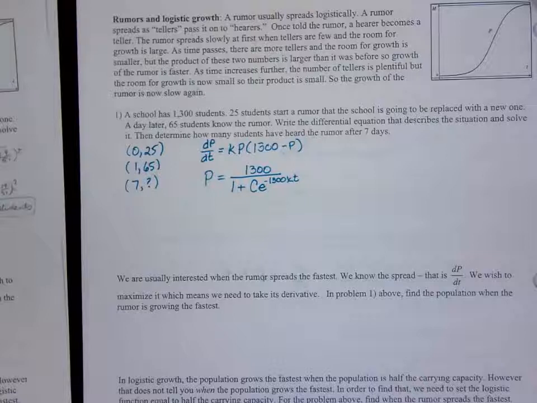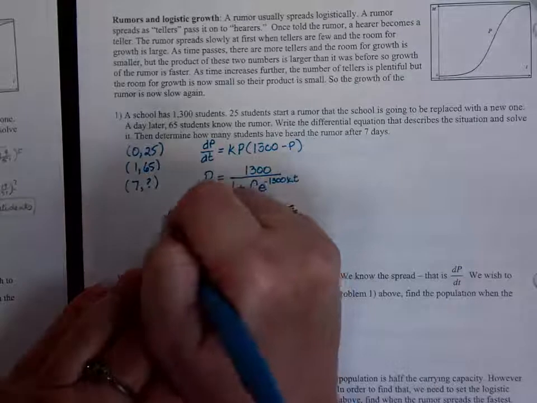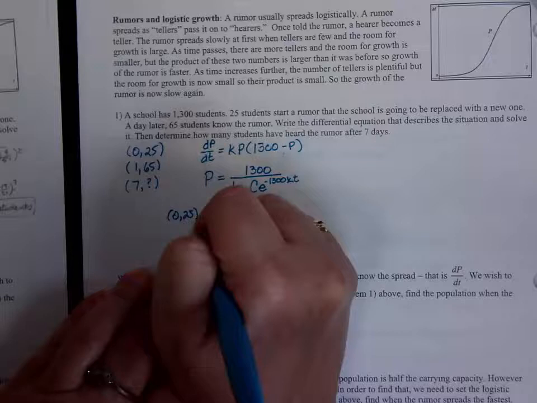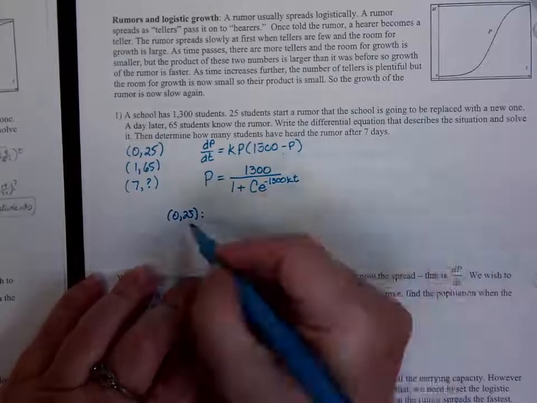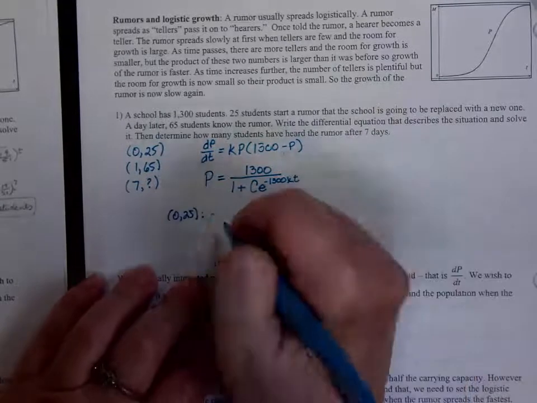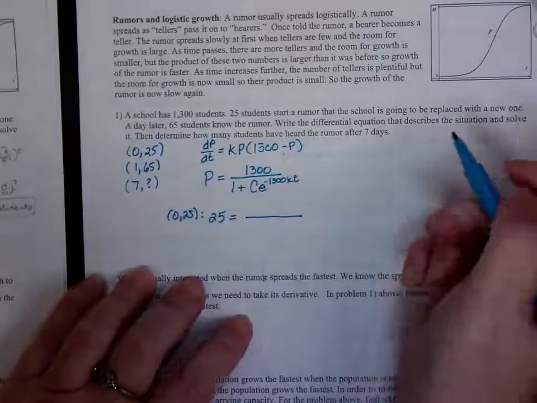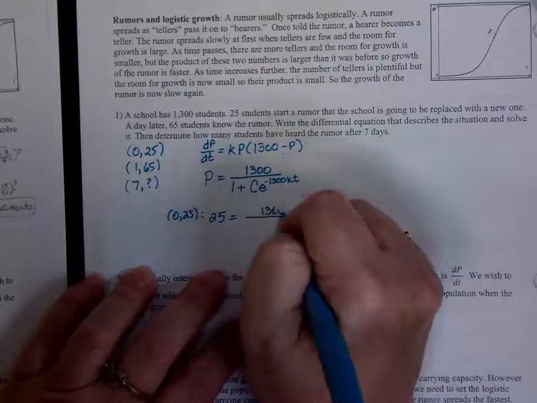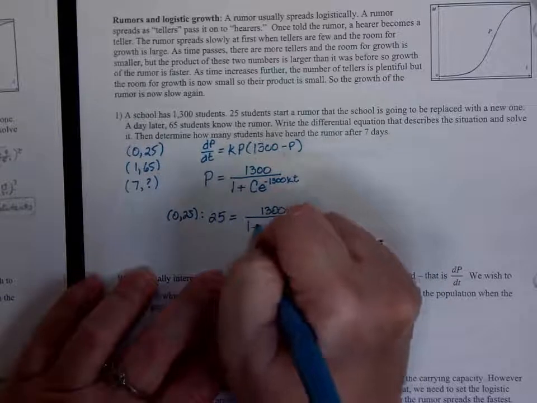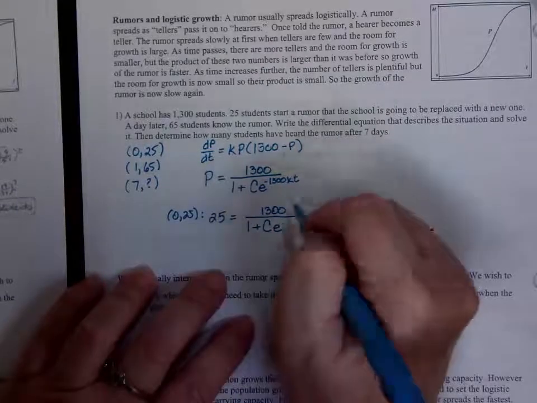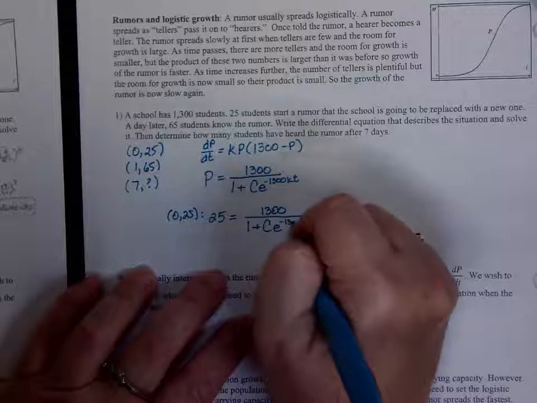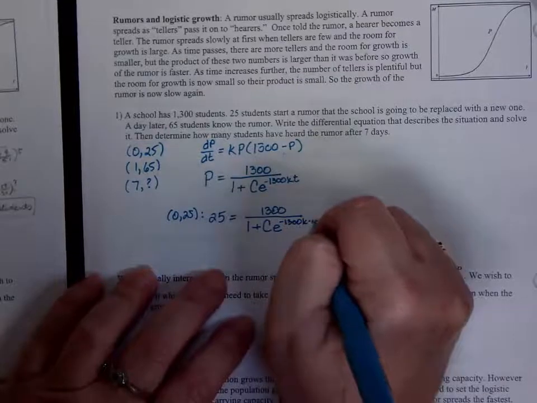Remember I told you that if you know the 0 time that you can find C right away. Do we know what's happening at time 0? Yes. So we're going to plug that in first. So 0, 25. Plug those values in, let's solve for C. So 25 equals 1300 over 1 plus C E to the negative 1300 K times 0.